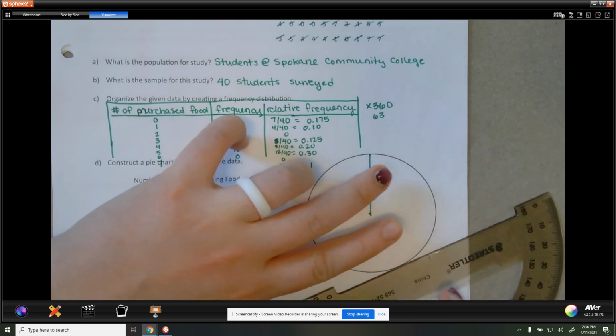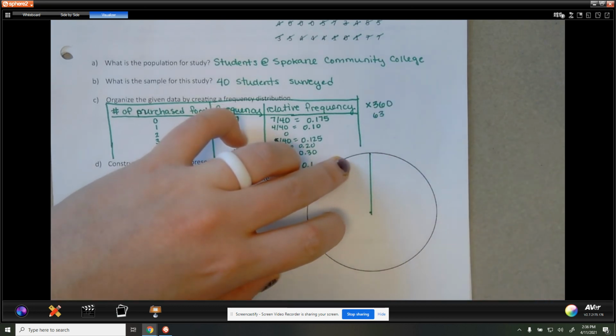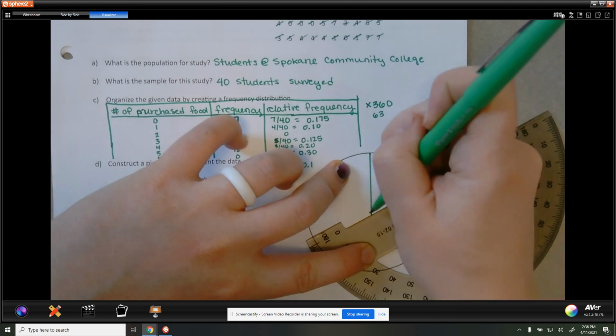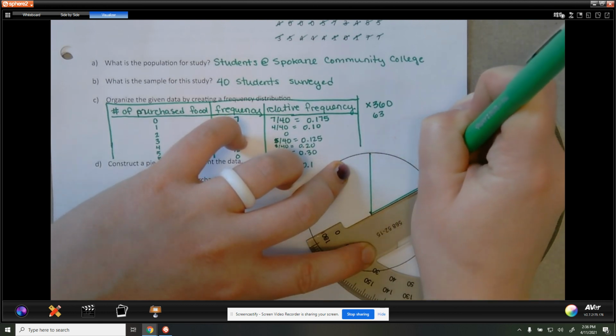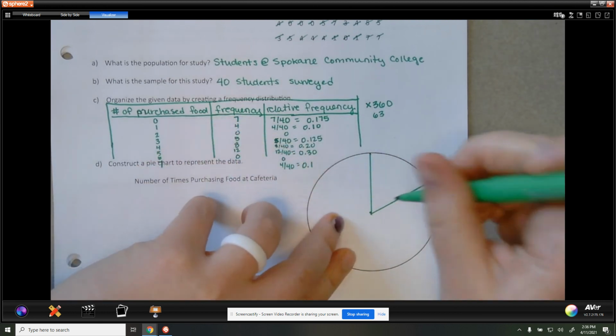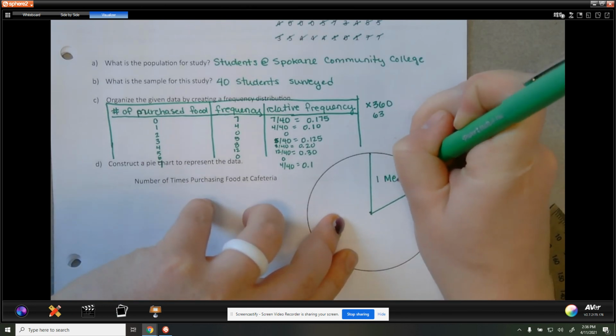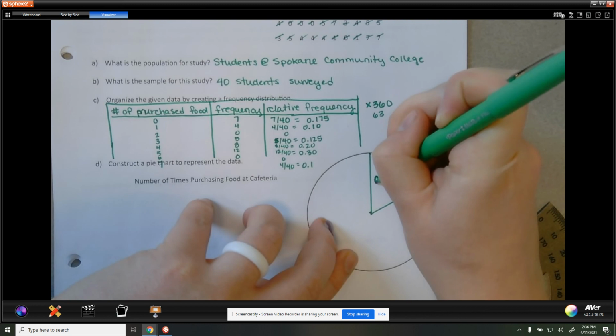Put a dot on my table. All right, so this is one meal. Oh wait, sorry, no, this is 0 meals.